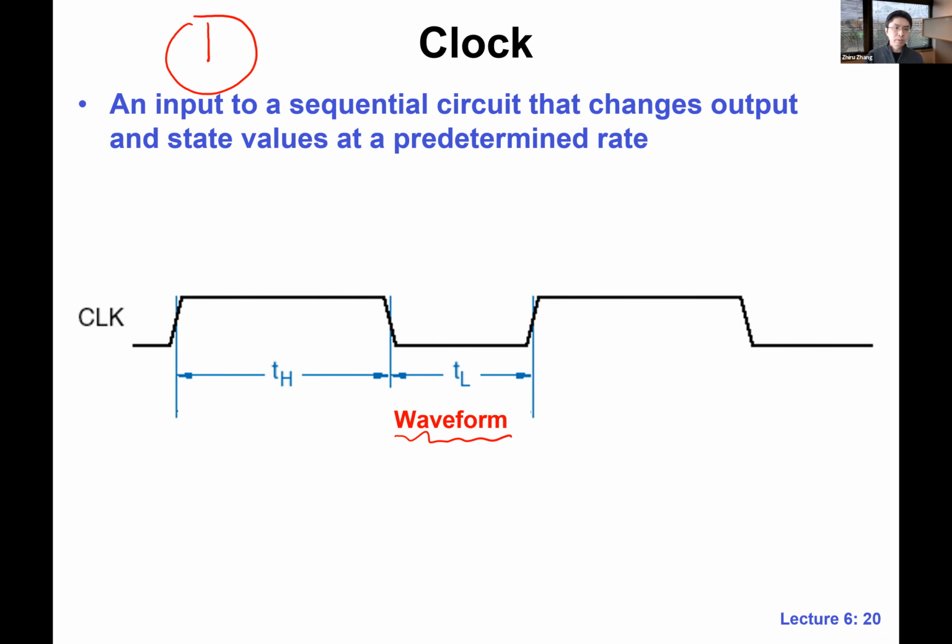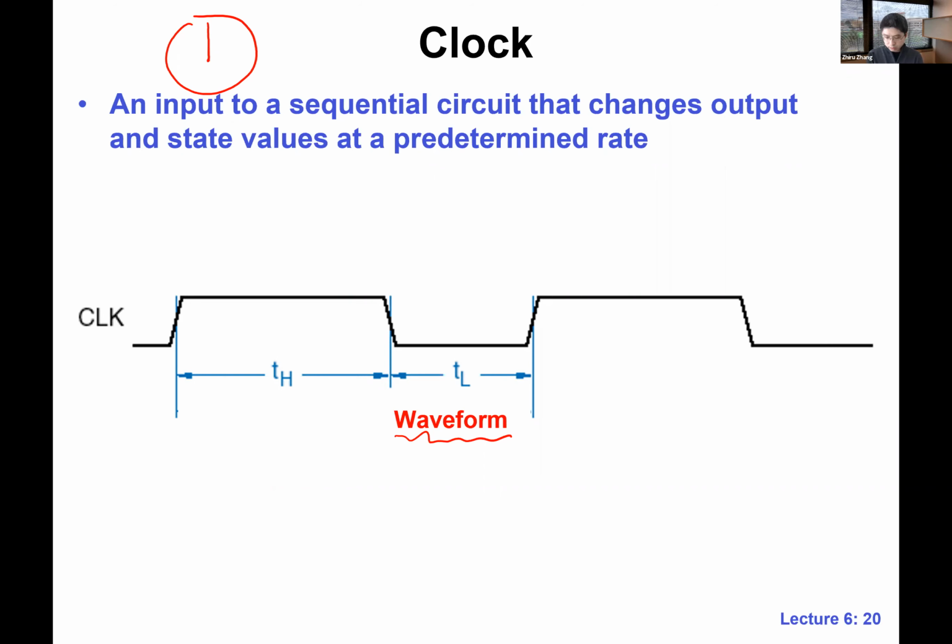It's like we have a wave, so that's why it's called a waveform. And this is time, going from left to right. Make sense? This is 0, 1, 0, 1, 0, 1, 0, 1.